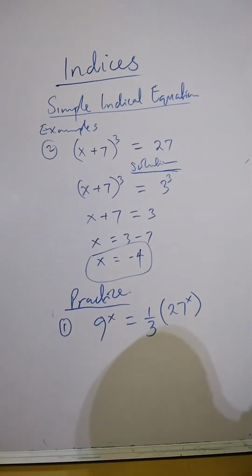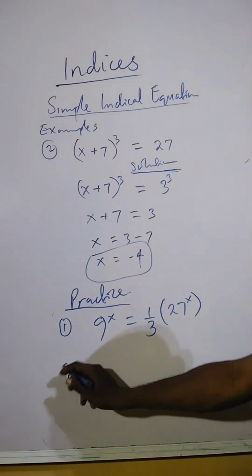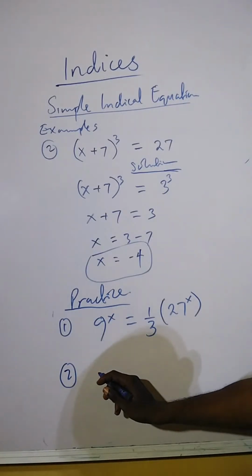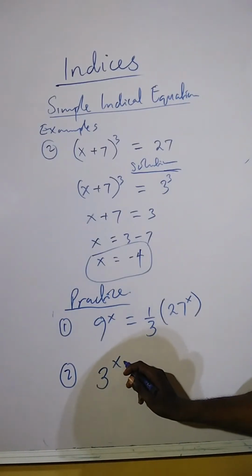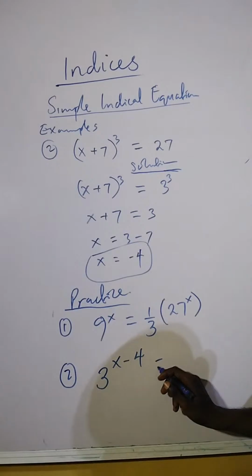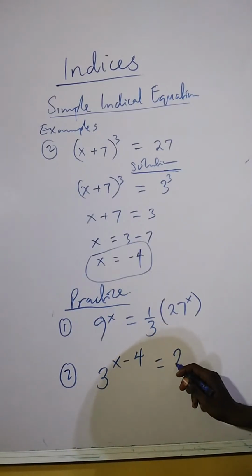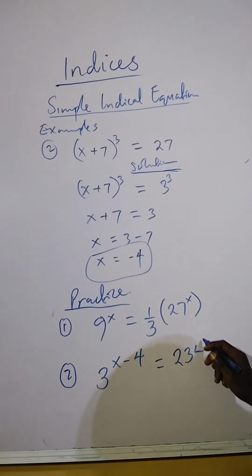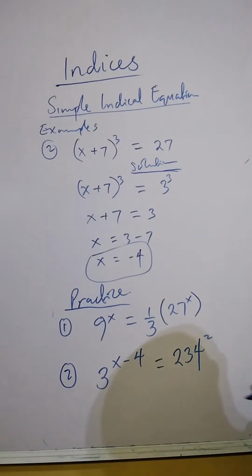So find the value of x. And number 2, we have 3 raised to power x minus 4 equals 234 squared. So also find the value of x.